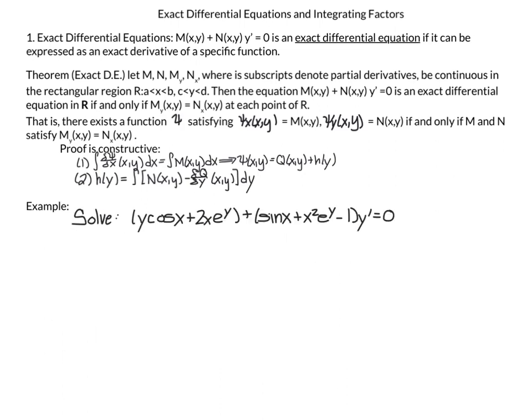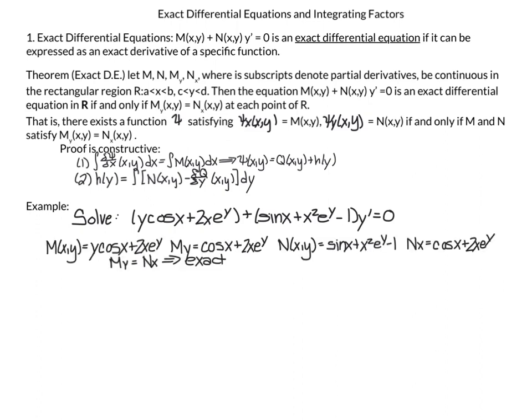The next example I have is solve y cosine x plus 2x e to the y plus sine x plus x squared e to the y minus 1, all of this part multiplied by dy/dx, or y prime. Identifying my M function here and my N function here, M is equal to y cosine x plus 2x e to the y, and if I take the derivative with respect to y, I get cosine x and then 2x e to the y.